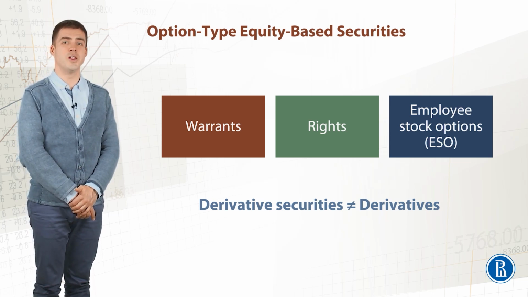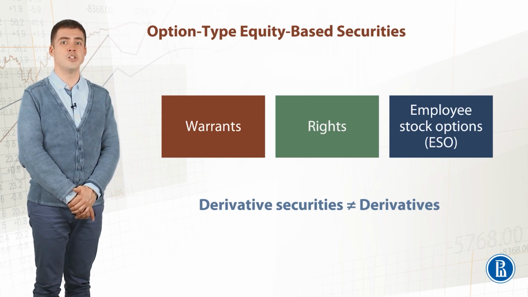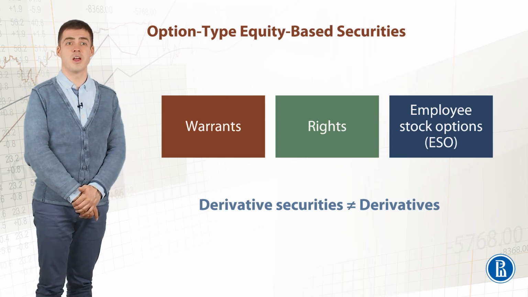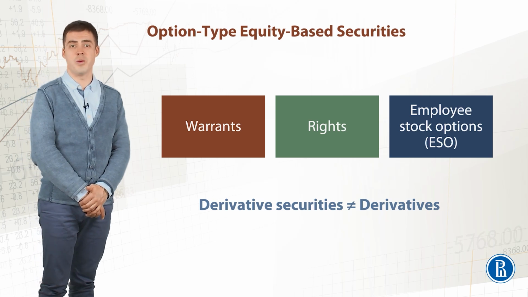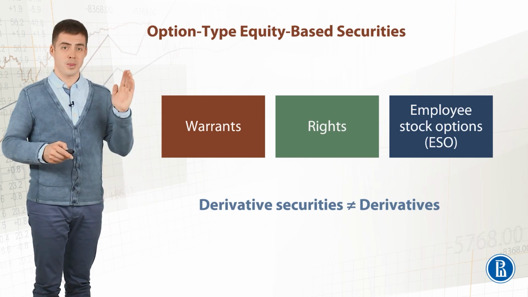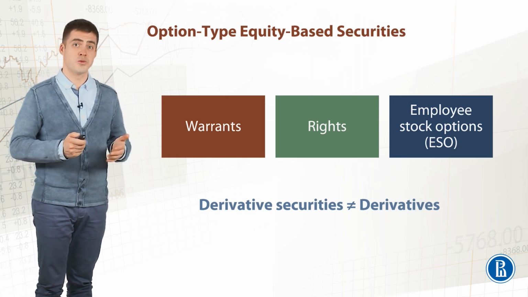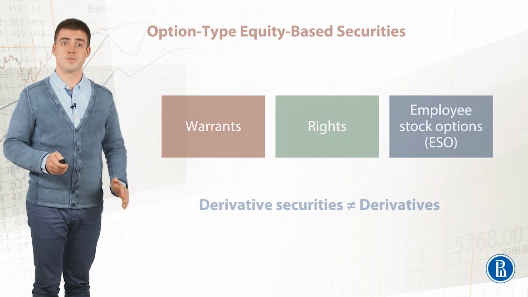All these securities are issued by the company that issues the underlying equity. However, options can be traded and issued by any other counterparty. However, all these three types of equity-based securities are like call options from the economic point of view. So let's consider them one by one.